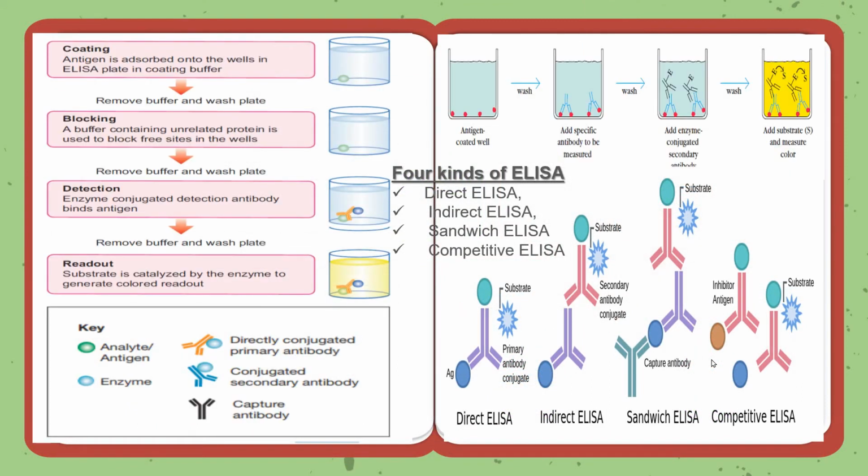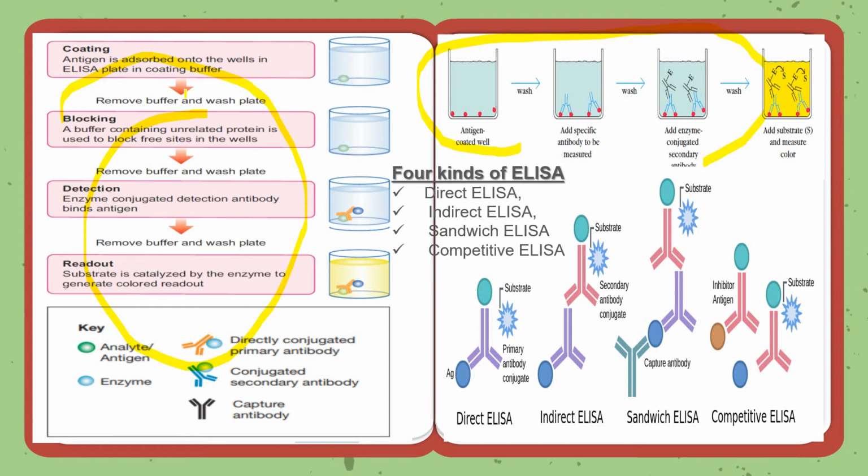This is the diagram given in your book. Here in the two diagrams, this is the diagram given in your book and this is a reference. In this you can easily identify the four stages. First one is coating. The antigen is adsorbed. Adsorption, you know very well, means it is attached above the surface of the well. Next one is blocking.